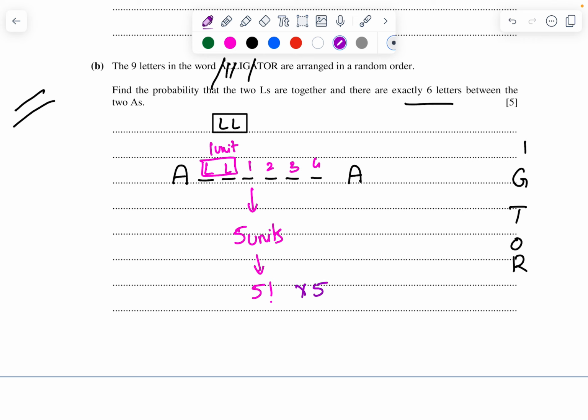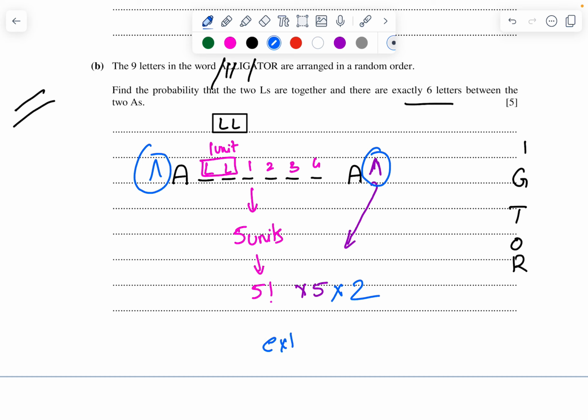From where did I get this times 5? Because I have one more place left over here. So this can be done in 5 ways. And one more place can also be left over here. So this can be done in another 5 ways. So 5 times 2. It can be either over here or over here.